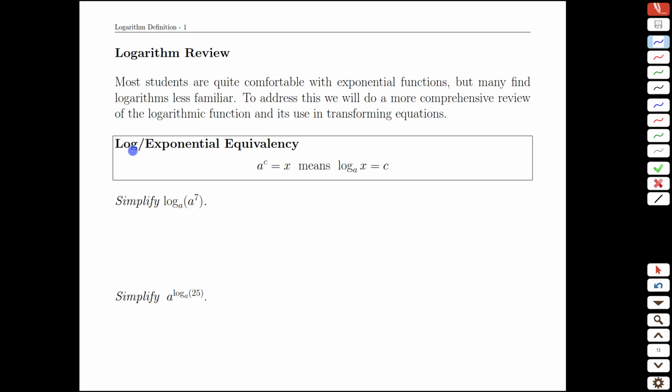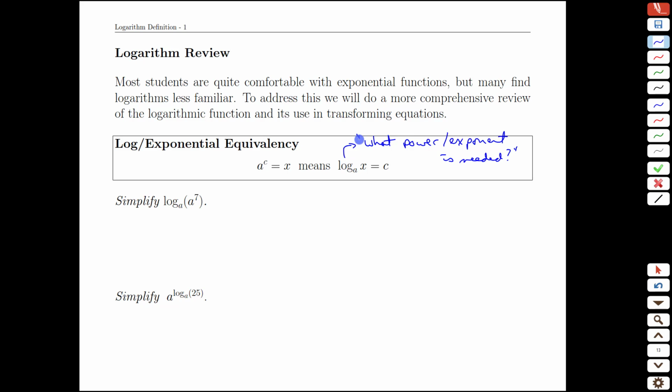It's often easiest to understand logs in the context of the relationship to exponentials because they have that inverse relationship. For example, if we have a base a and raise it to some power c and get a new number, the way to look at that with logarithms is to treat the logarithm as asking the question, what power or exponent is needed?